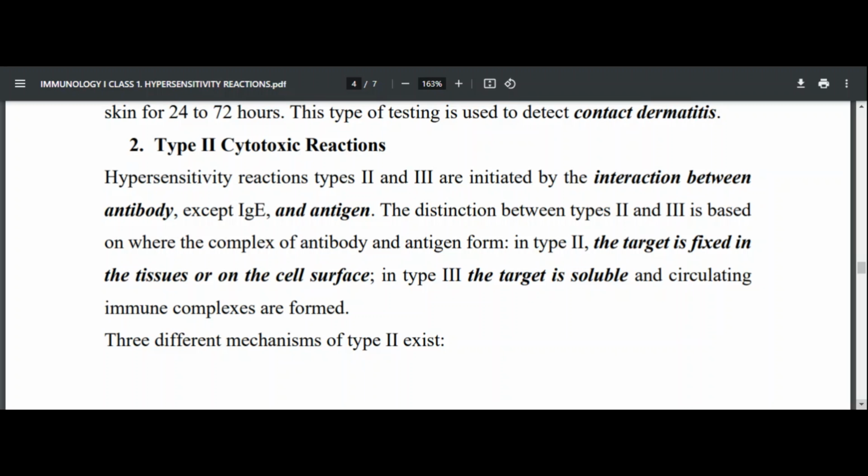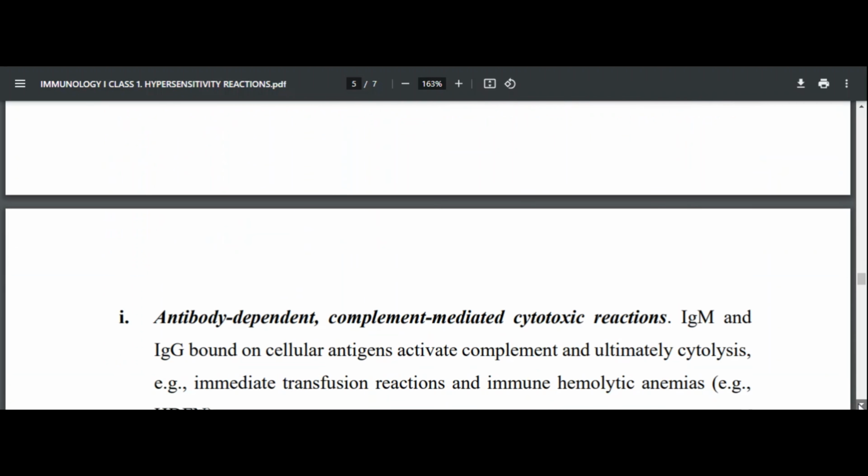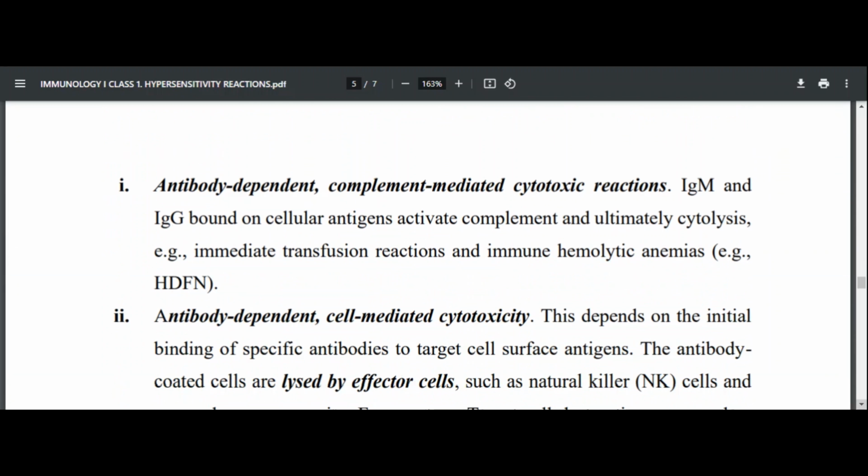So 3 different mechanisms of type 2 reaction exist. The first mechanism is called antibody-dependent complement-mediated cytotoxic reaction. This is the first type of type 2 hypersensitivity reaction. IgM and IgG bound on cellular antigen activate complement and ultimately activate cytolysis.